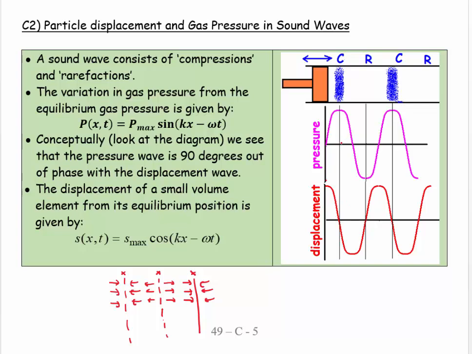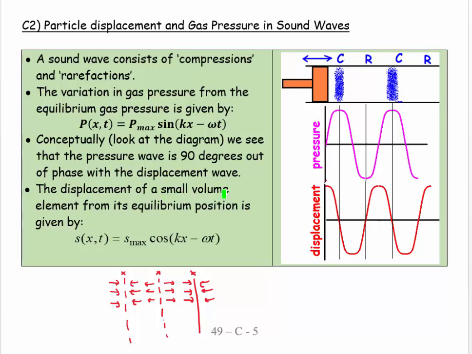They're effectively 90 degrees, or a quarter of a wavelength, or pi over 2 radians out of phase with each other. So conceptually, if you look at the diagram, we see that the pressure wave is 90 degrees out of phase with the displacement wave.